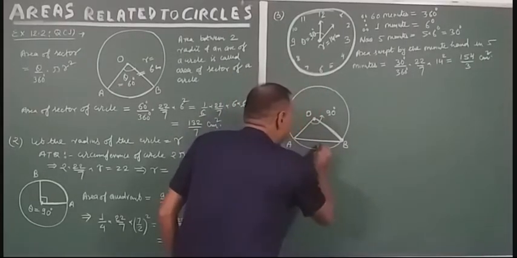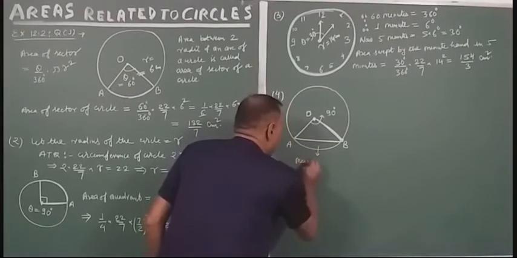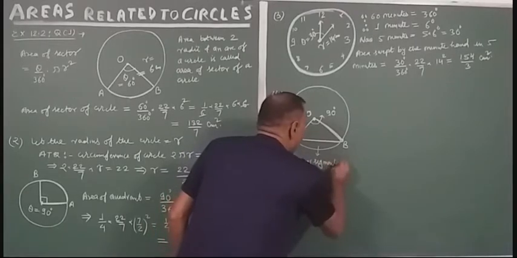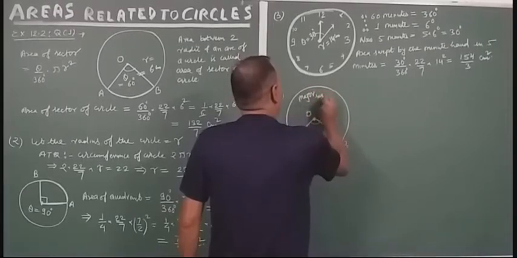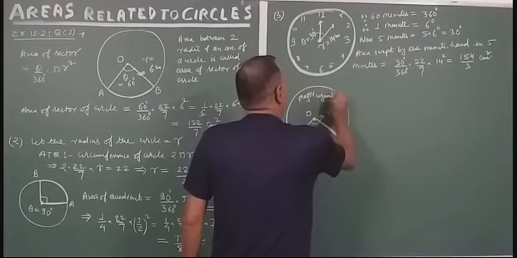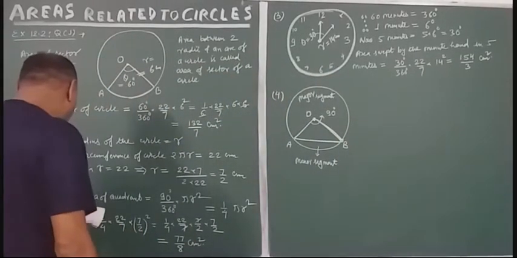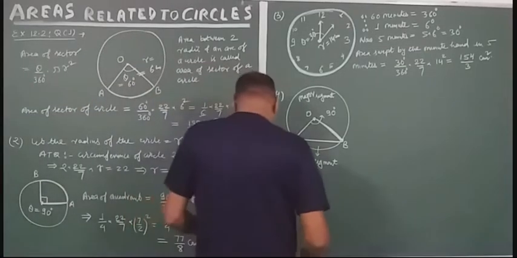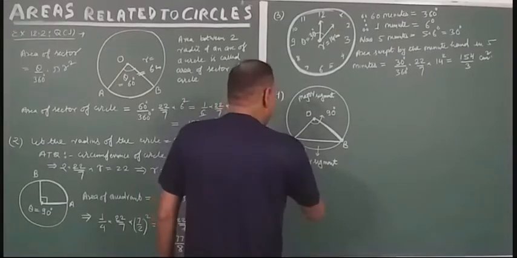This one is the minor segment, and this is the major segment. A chord of a circle of radius 10 centimeter.